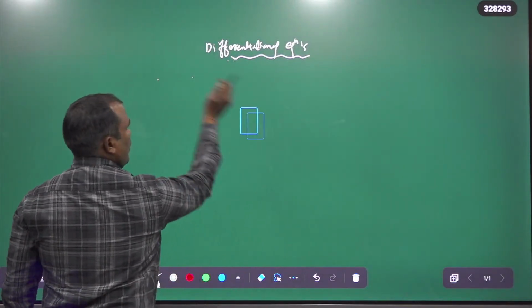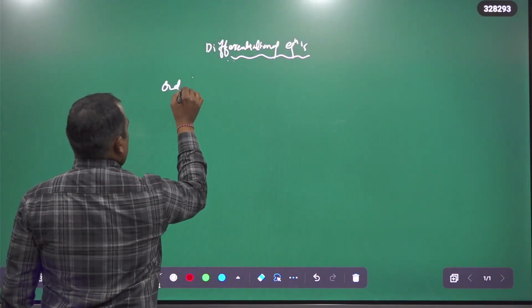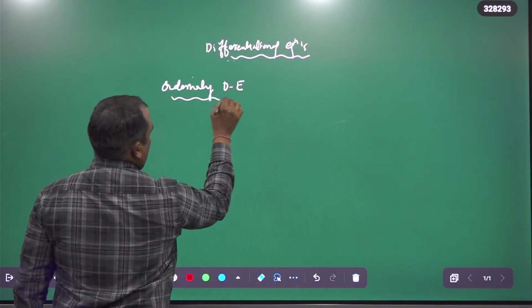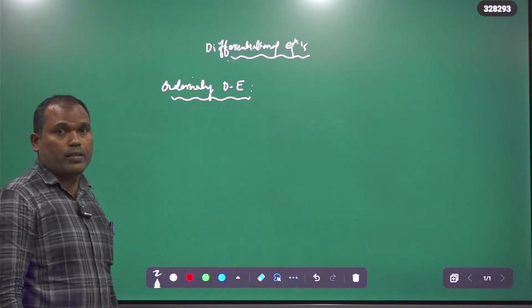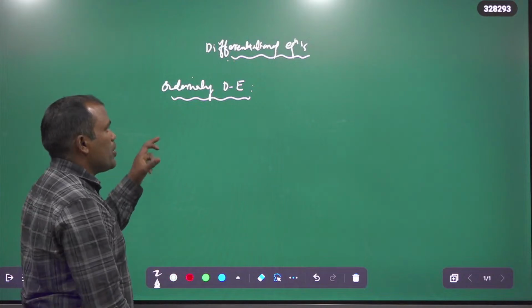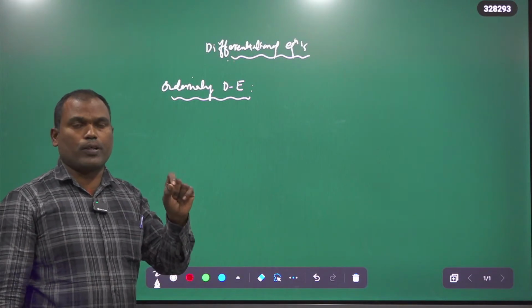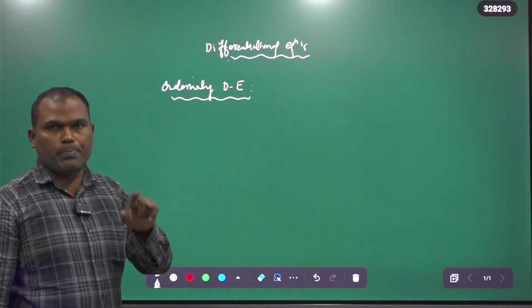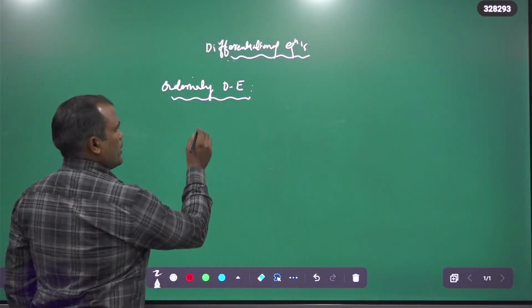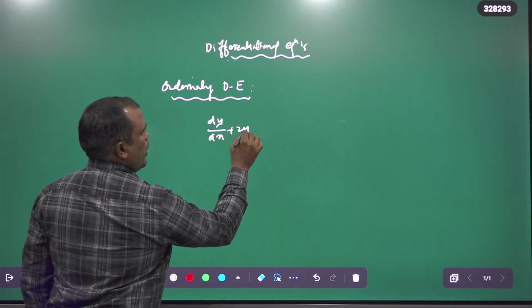One is the ordinary differential equation. An ordinary differential equation means an equation involving one dependent variable and its derivatives with respect to only one independent variable. For example, dy by dx plus 2y equal to 0.